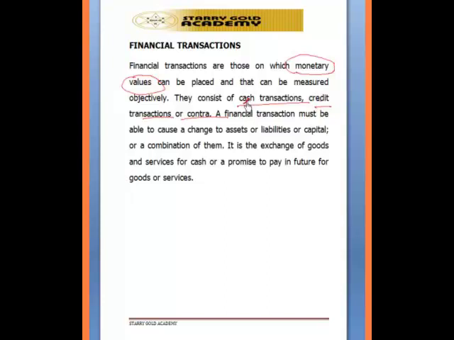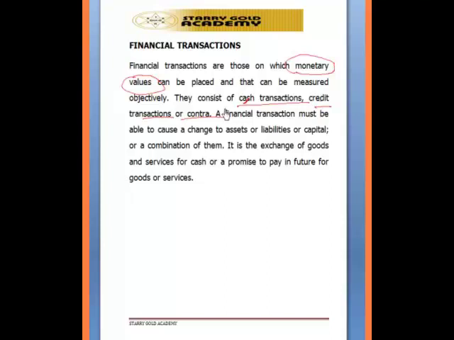Whereas a credit transaction is a transaction that has monetary value, but for which payment was not made immediately. As a result, the customer or the business entity defers payment for such a transaction. That is what we call a credit transaction.